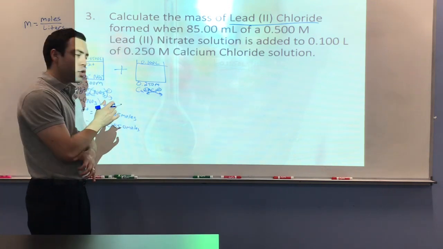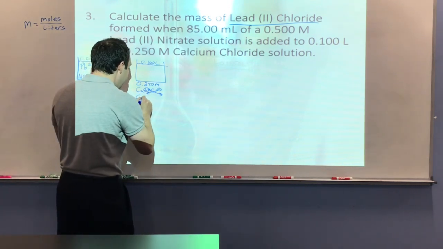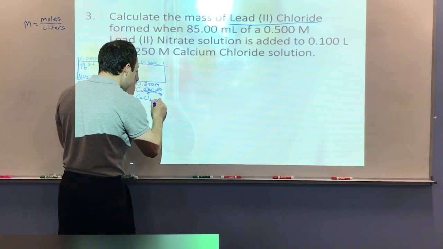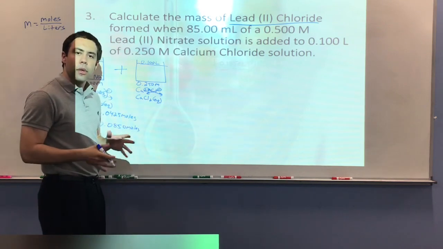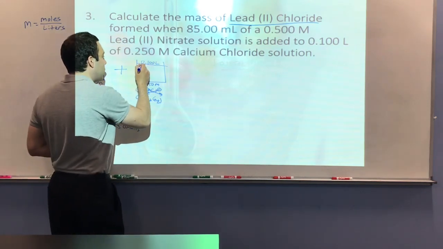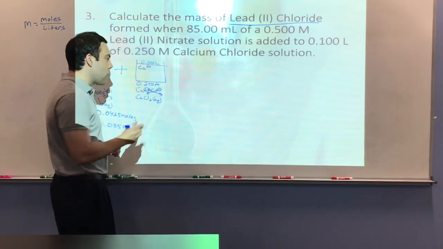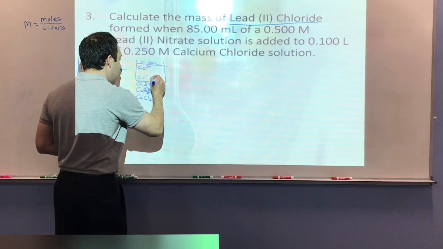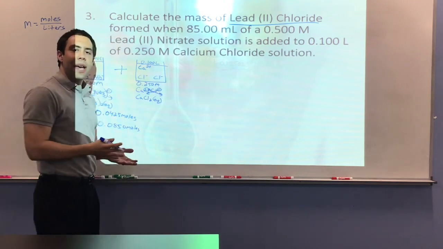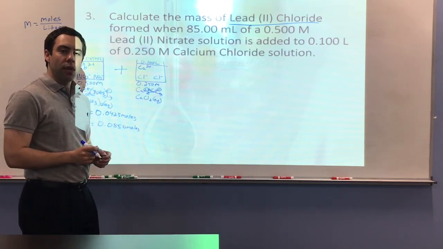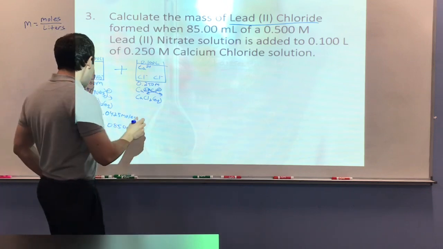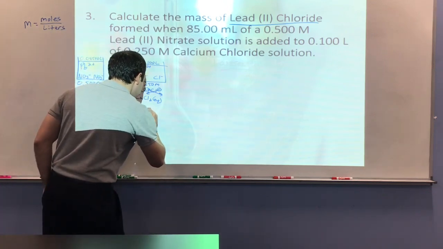So when we crisscross, drop, swap, we get CaCl2 aqueous, which means in solution, for every calcium 2+ we have 2 Cl minuses. We'll keep that in mind when we do our mole calculations. We'll do Ca2+ first.